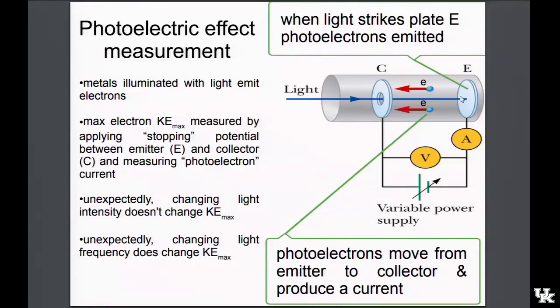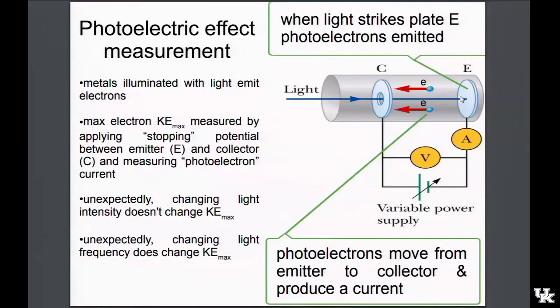And that's the interesting experimental quantity. When I liberated the electrons, I want to know what is the maximum energy that they're liberated with. And how does that depend on the light that I'm shining on the metal? How does it depend on the brightness of the light? How does it depend on the color of the light?